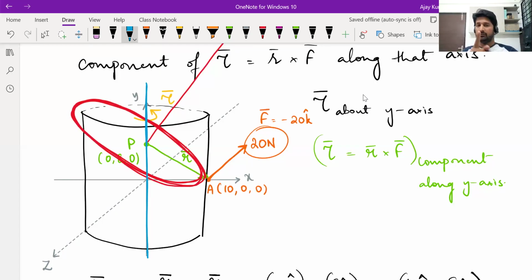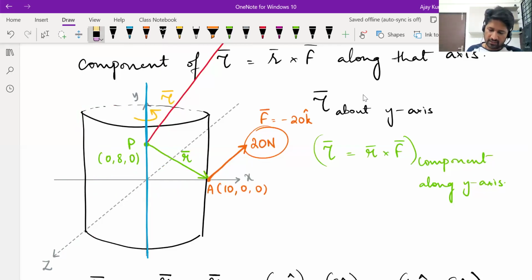If the cylinder has to rotate about the y-axis, it can only rotate in the xz plane, like this. So that torque is what we want to find out, and this force can make that happen. How much effect does it have in making it rotate that way?